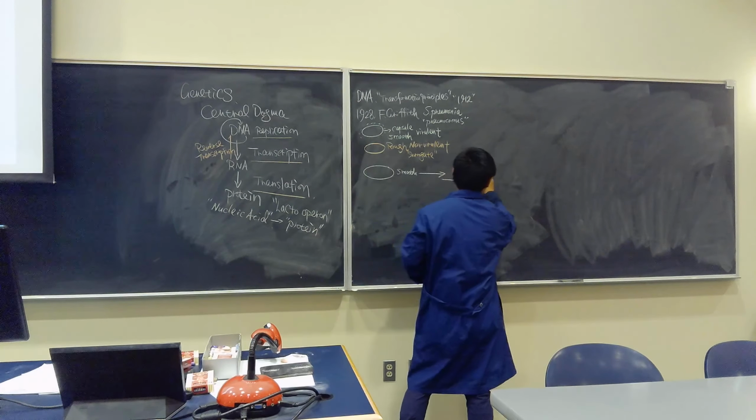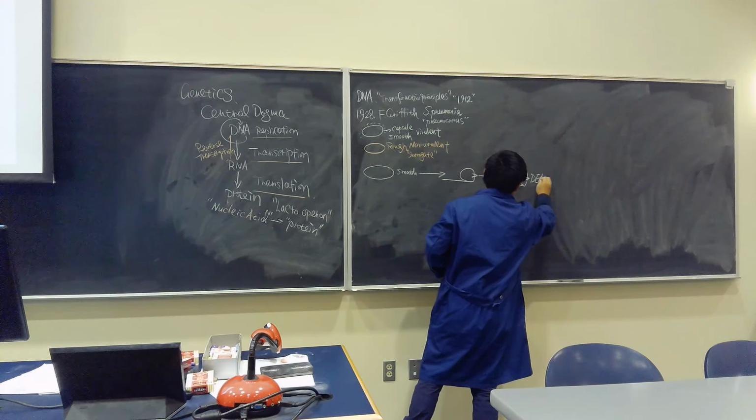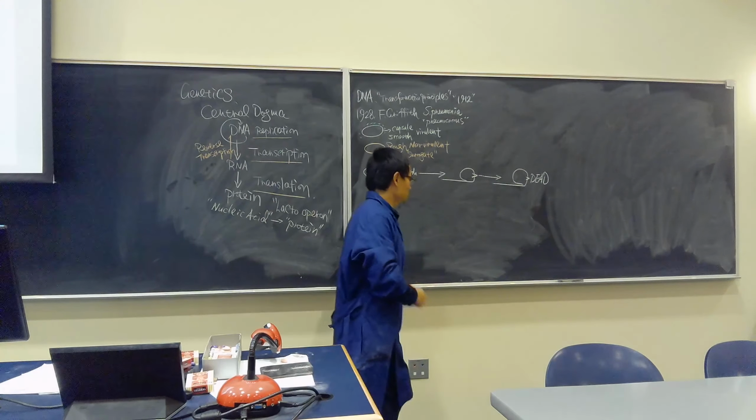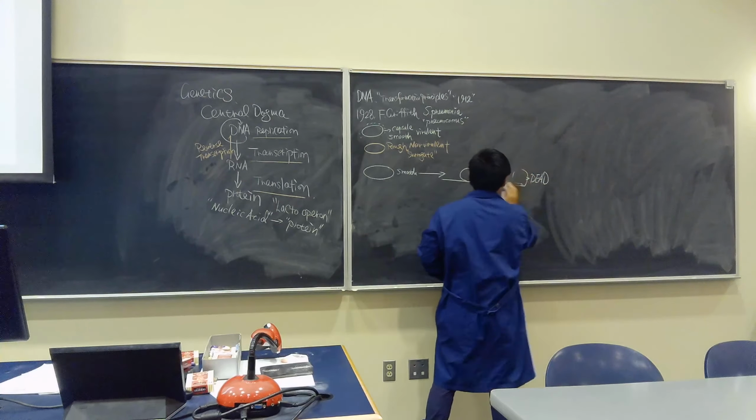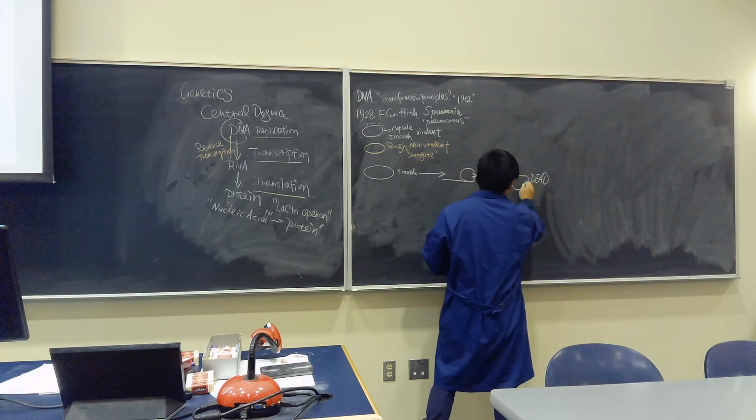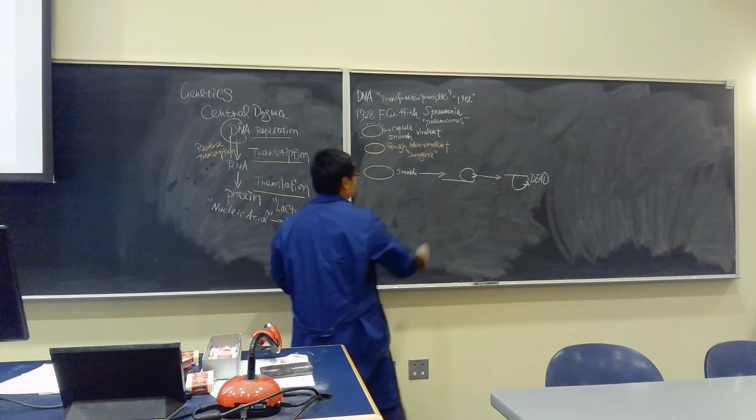What happened? This mouse is dead. For a dead mouse, we can just draw it like this. The mouse is dead.